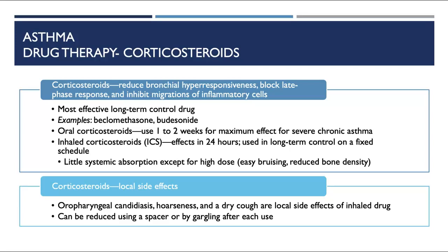Inhaled corticosteroids are used for long-term control on a fixed schedule, and they're usually used once a day. There's little systemic absorption except for high dose with the inhaled corticosteroids, and they can cause easy bruising and reduced bone density. And when I think of reduced bone density, I'm thinking of osteoporosis.